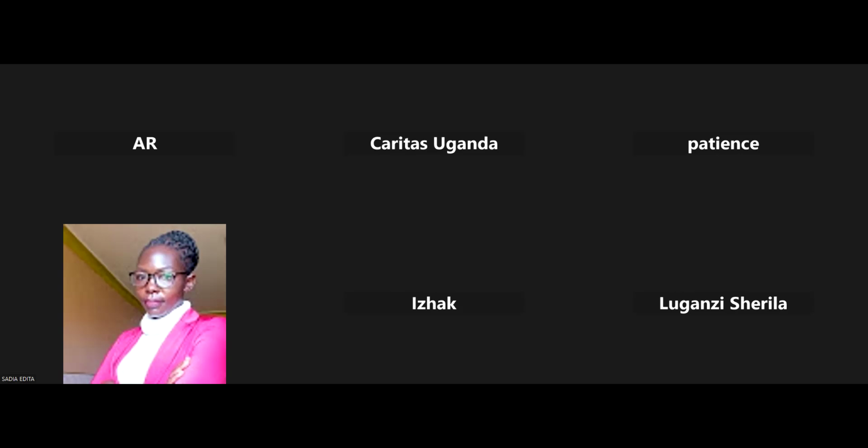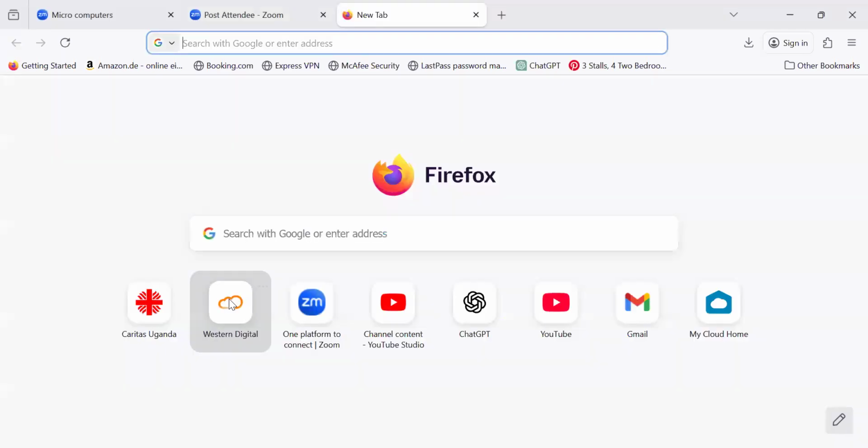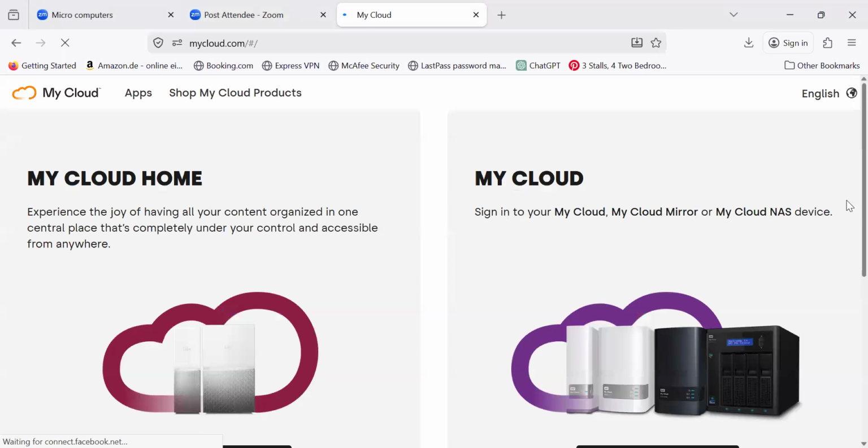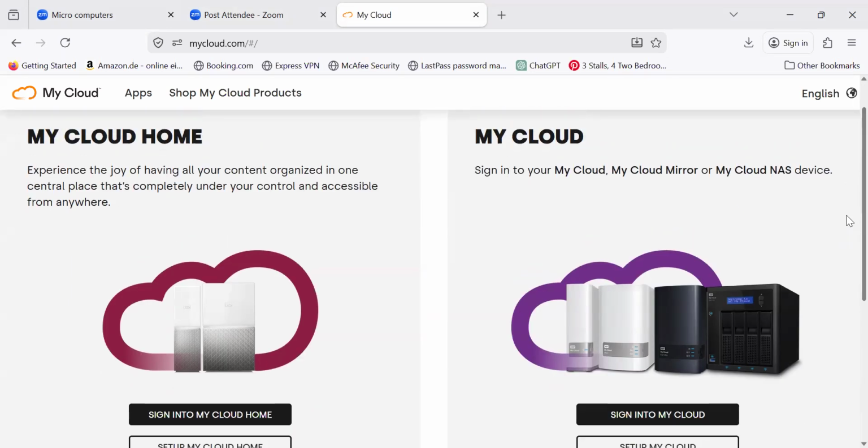I had said I would show you an example of a storage device which is connected to my office, within my workplace. Let me just show you briefly, just two to three minutes. Okay, so it is called My Cloud Home. Can you see my screen? Yes, sir.